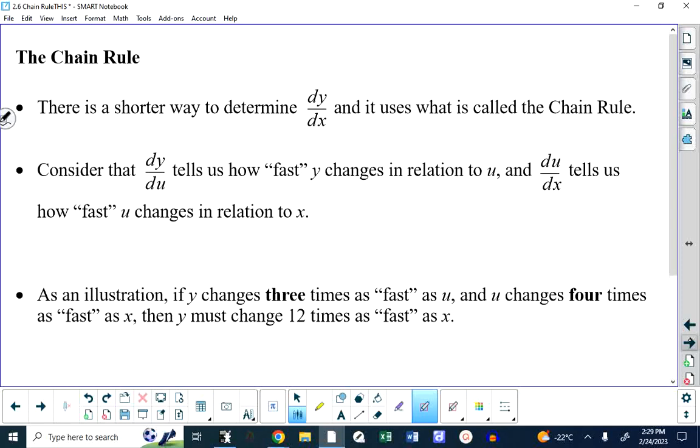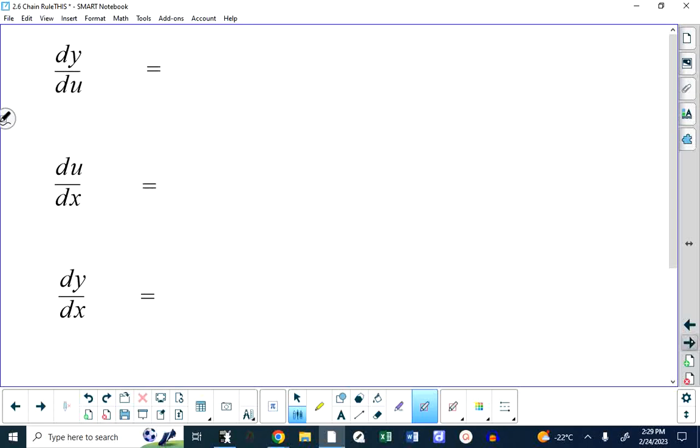If y is changing 3 times as fast as u, and u is changing 4 times as fast as x, parse that in your head and see if it makes sense that y must be changing 12 times as fast as x. And if it doesn't, another analogy, and I admit I was having a difficult time when I first made up this analogy coming up with names, so you just have to live with the names because I've never changed them.